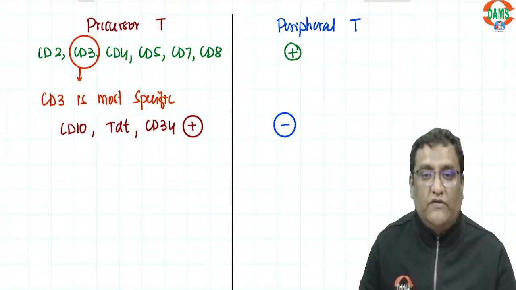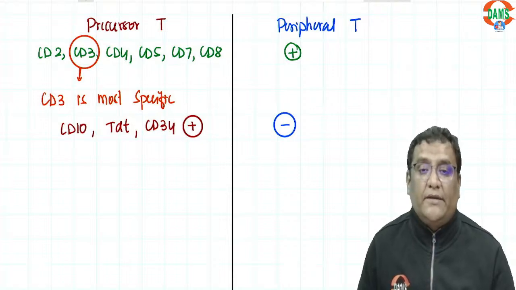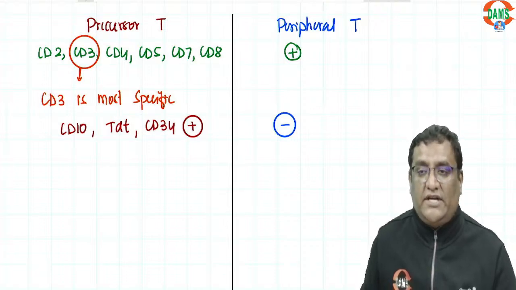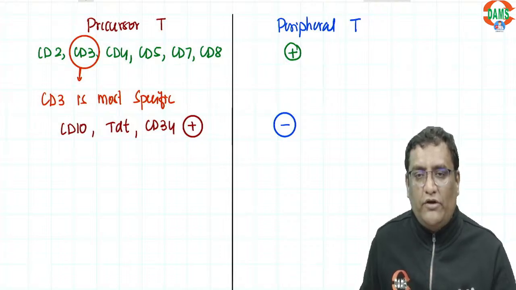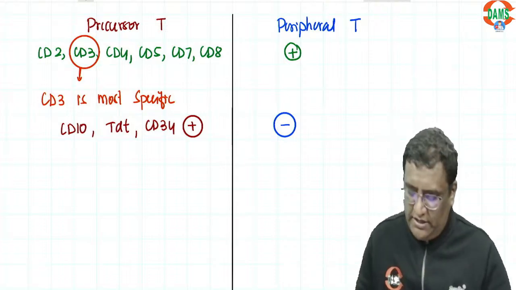Is it a precursor T or a peripheral T? Peripheral means mature, precursor means immature. We all know this. What is the correct answer? Yes, very good. Precursor T, very good. All of you are right, absolutely. Precursor T.